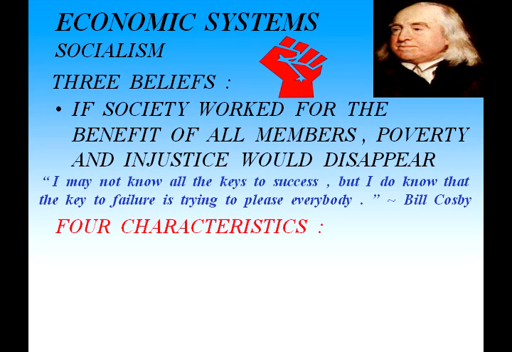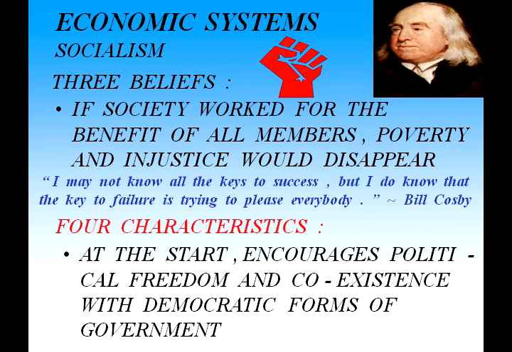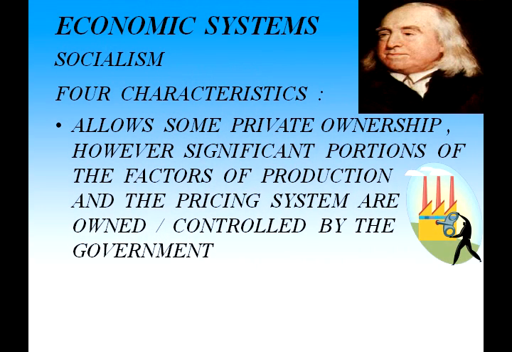We'll now take a look at four characteristics of socialism. First, at the start, socialism encourages political freedom and the coexistence with democratic forms of government. Its second characteristic is that it allows some private ownership.